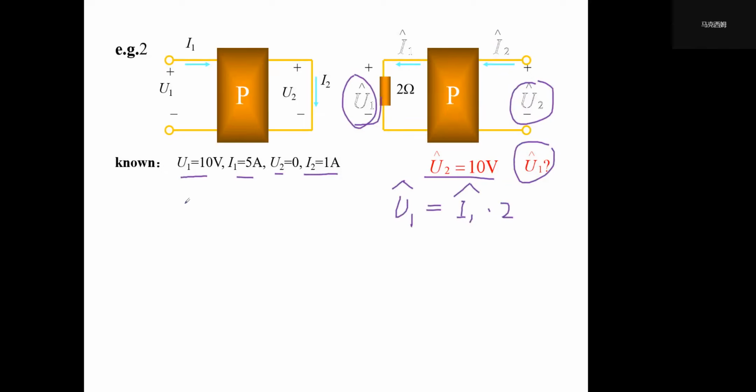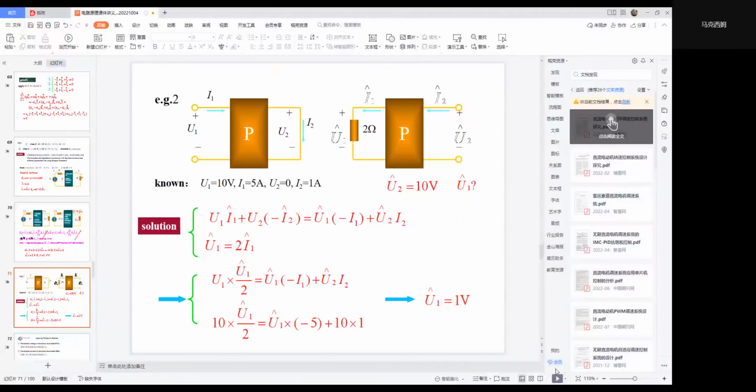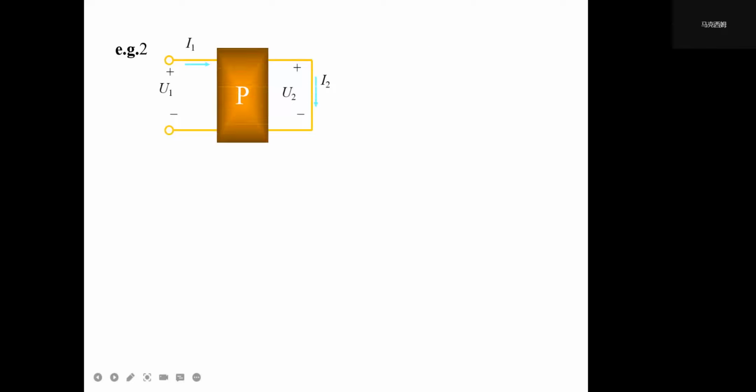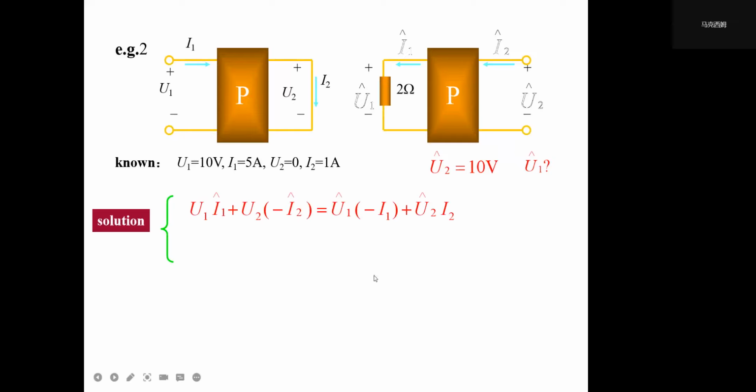So we can do the calculation like this. We can write the so-called Tellegen equation, and we just remove the similar rest part, just like we did in the last example, so we don't repeat that procedure again.